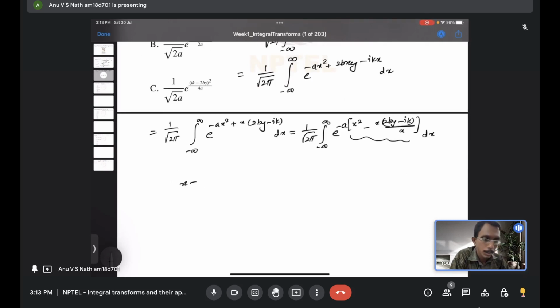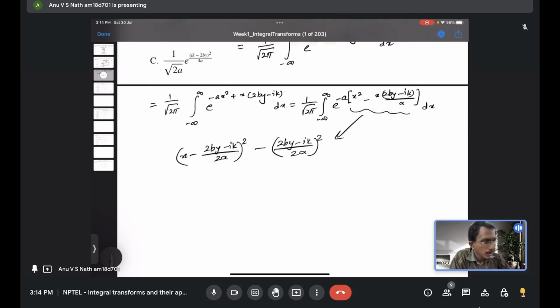I'm just taking that particular term and writing it like 2by minus ik by 2a, the whole square, then subtracting the 2by minus ik by 2a, the whole square. So I am just writing only this term which is inside the square bracket, which we can write like this by completing the squares, right?